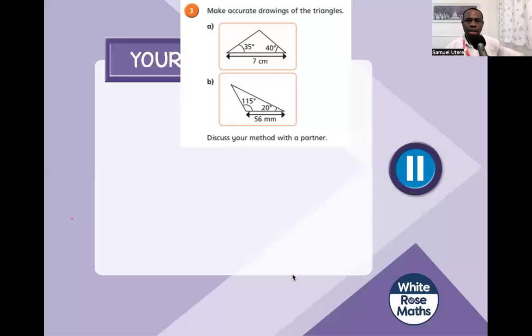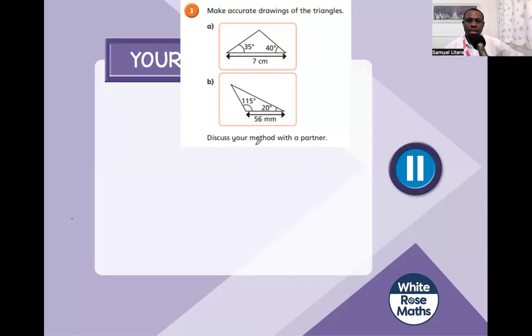Okay. So let's head over to our slide. I don't want the video to be too long, so I'm going to have to move on. So for this one, I'll just describe what you would do. You would measure; you can either keep this as millimeter if you have a millimeter ruler, otherwise, you can change it to centimeter. So this will be 5.6 centimeter.